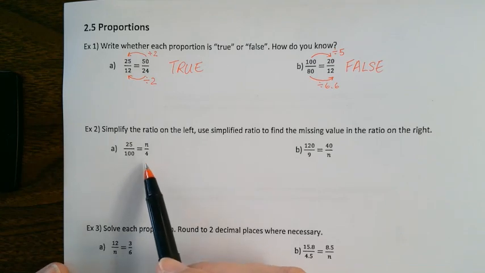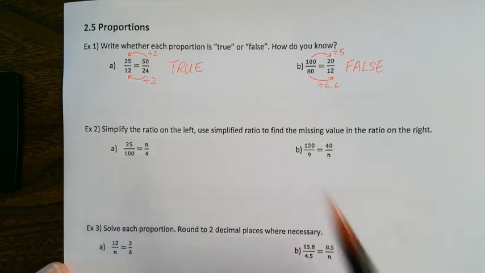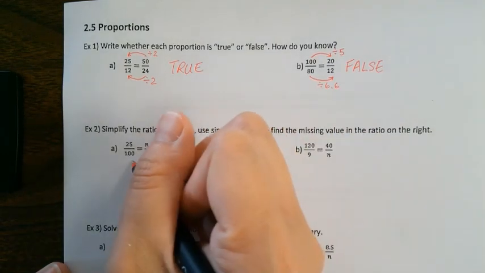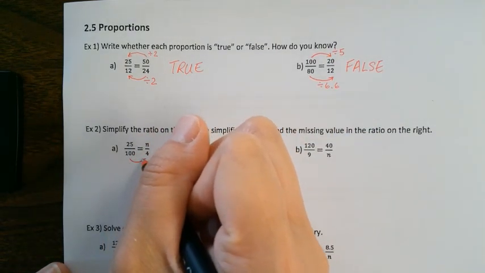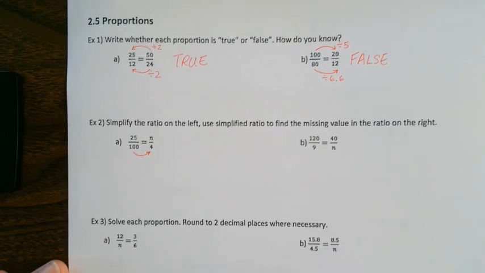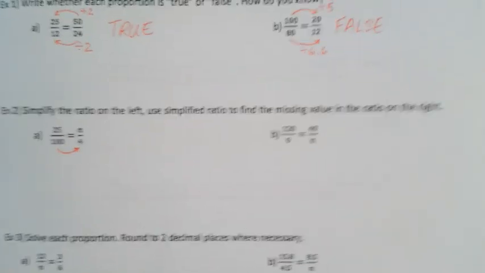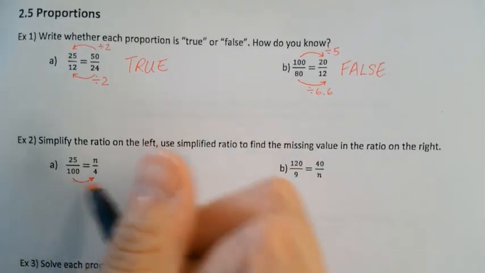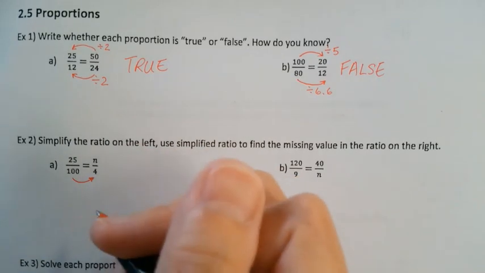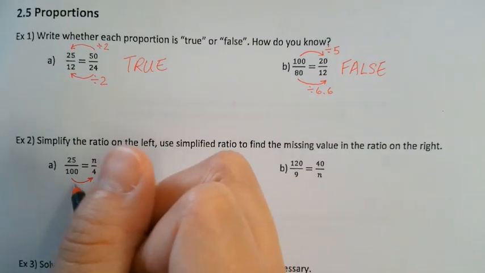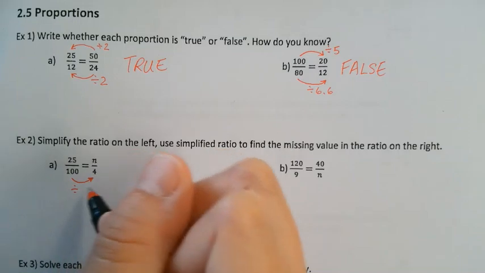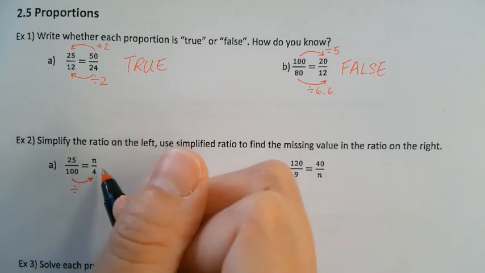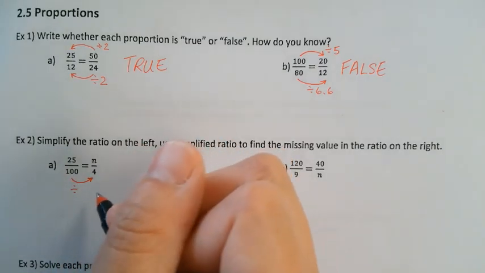Okay, there's a couple of ways that we could do this. The first one is pretty obvious. So 100 to 4, 100 divided by 4, what's 100 divided by 4?